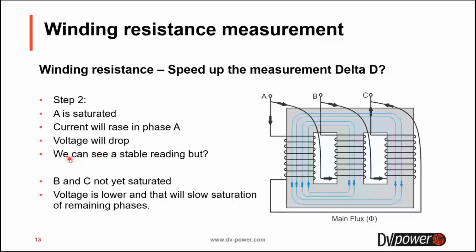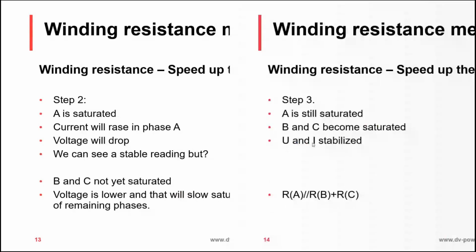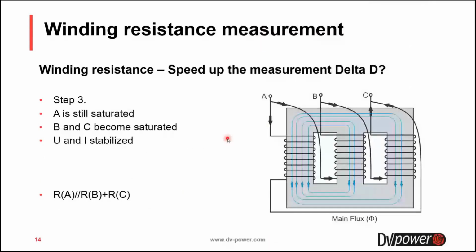Sometimes we can see a stable reading, but the problem remains with phase B and phase C. Phase B and phase C are not yet saturated, the voltage is much lower than at the beginning of the measurement, and that will slow the saturation of phase B and phase C. After some time, phase A is still saturated, and B and C become saturated.